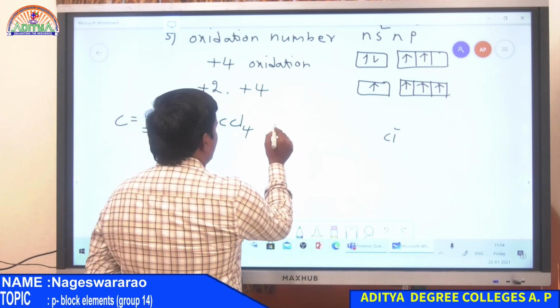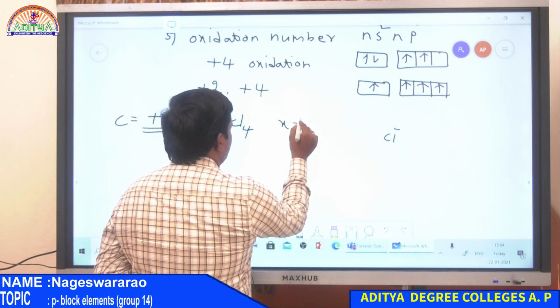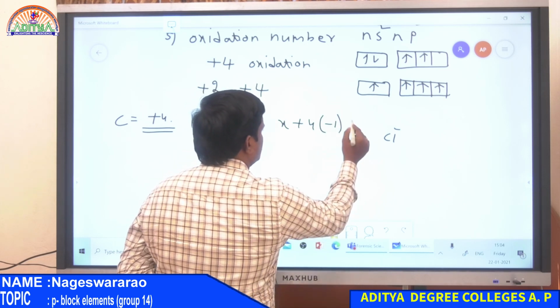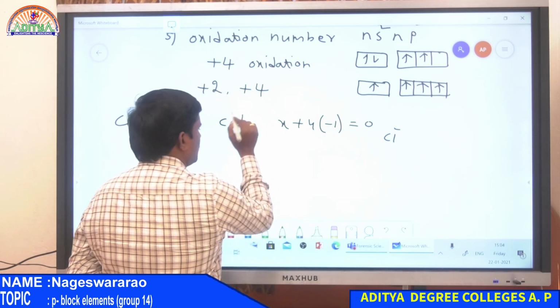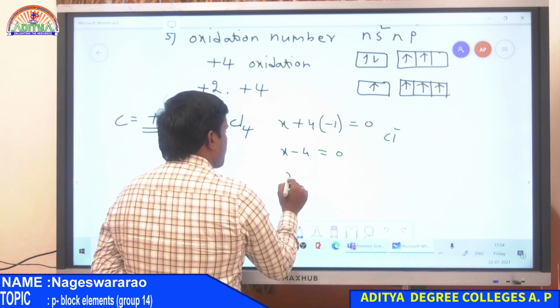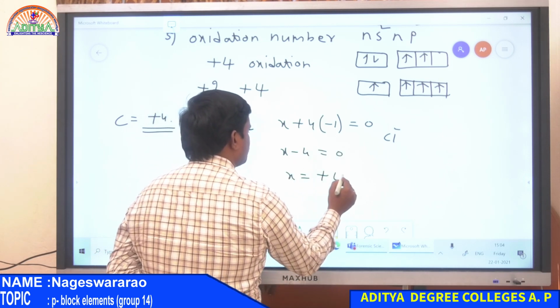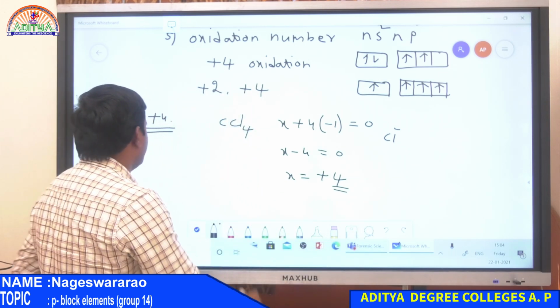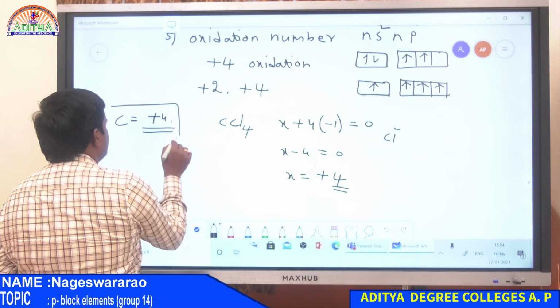Therefore, carbon, X plus 4 times -1 for Cl, with the total always being neutral. Therefore X is equal to +4. So in this compound, carbon exhibits a +4 oxidation state.